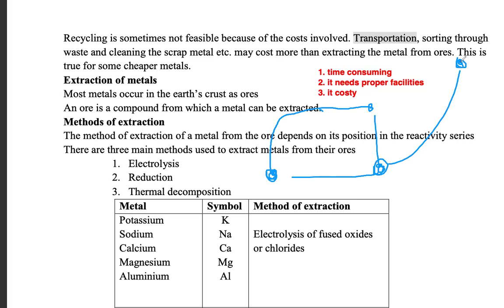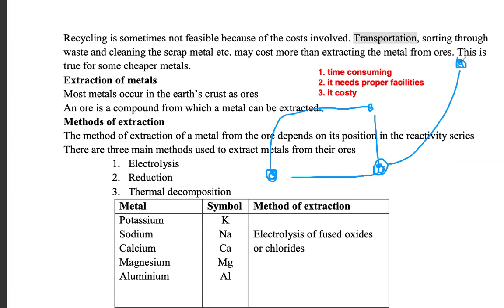Therefore, if we can't recycle them, let's say all the metals on the surface are done, but we need manufacturing processes to continue. What are we supposed to do? We'll go back to mining, right? And when we mine these metals, we don't mine them as pure, finished products.